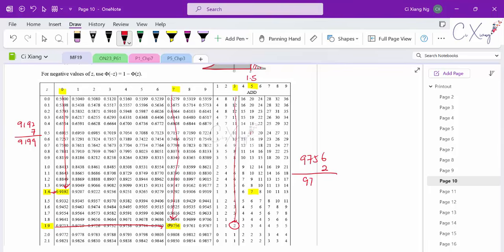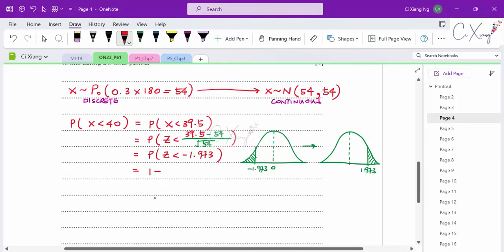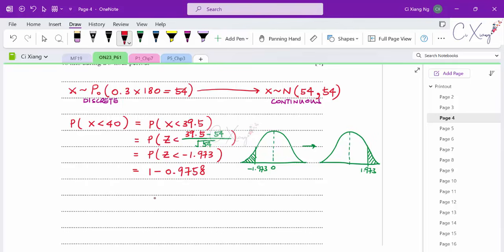So by right, you have 9758. Okay, so go back to our steps here. You have to take 1 minus 0.9758. Then I'm having 0.0242. So this is already the answer in 3 significant figures.